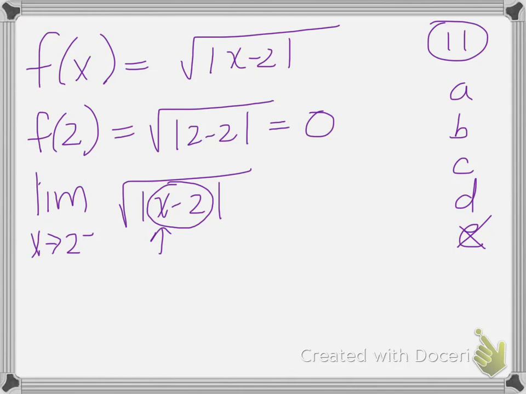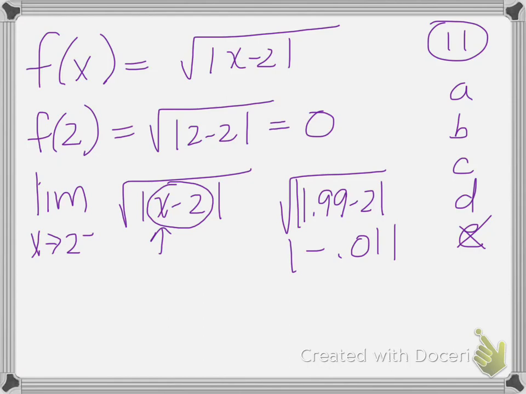So, for example, let's say that you want to say as x approaches 2 from the left side, and we'll use 1.99. You would get this. Okay, and so you're going to get a negative 0.01, but it's an absolute value, so that's going to become a positive 0.01. So it would be absolute value of 0.01.